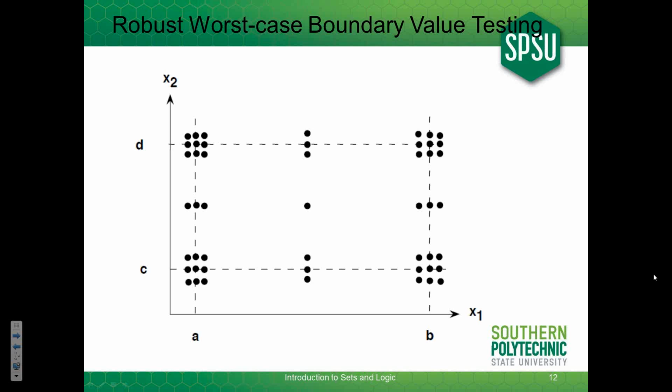What type of boundary value testing you think I should perform on this function? Normal? Since I'm saying 10 to 100, yeah, normal should do it.